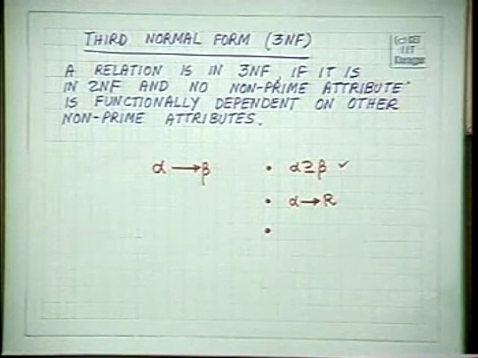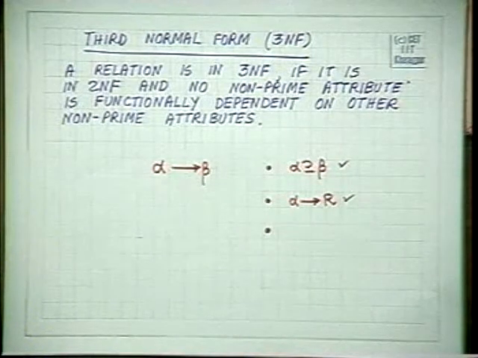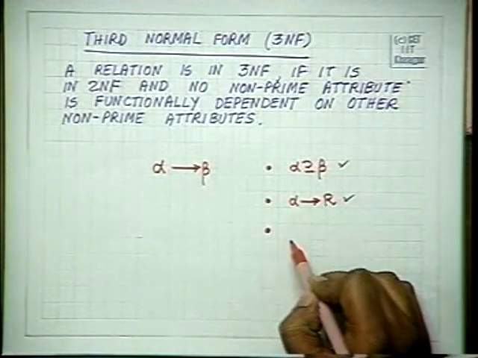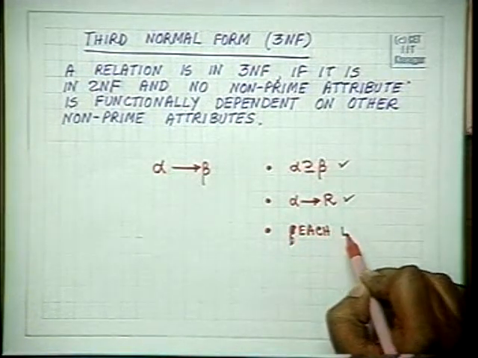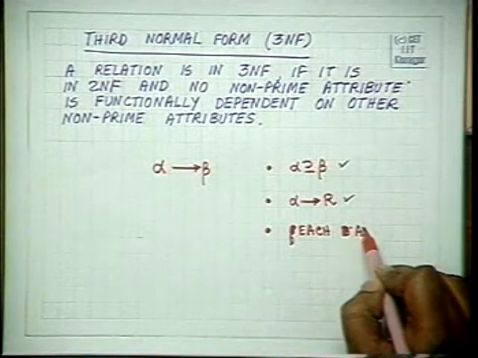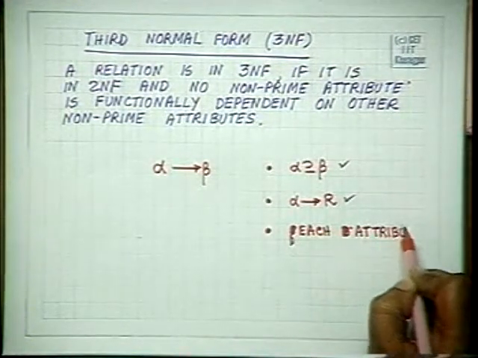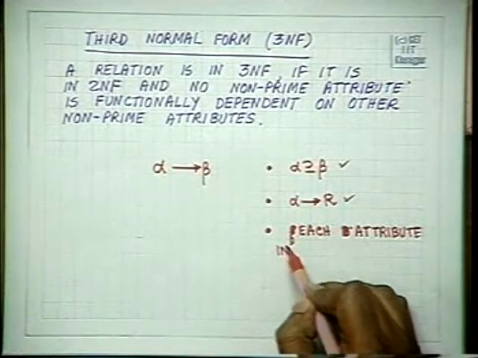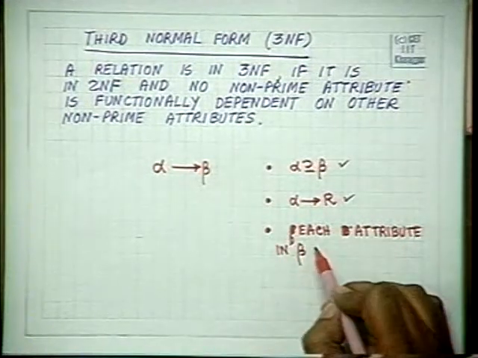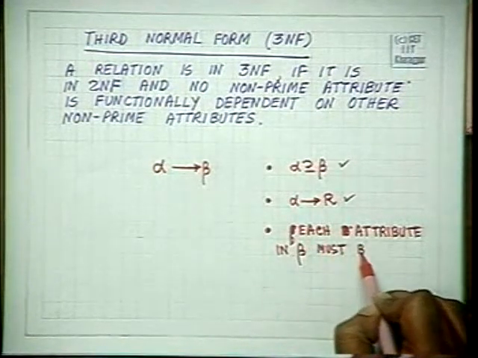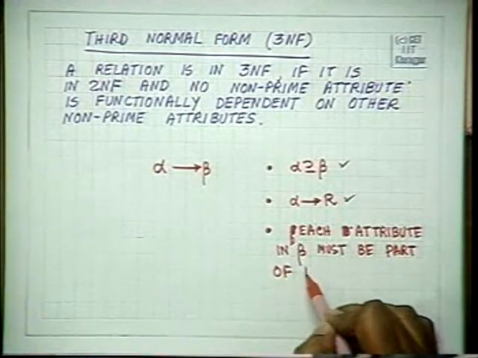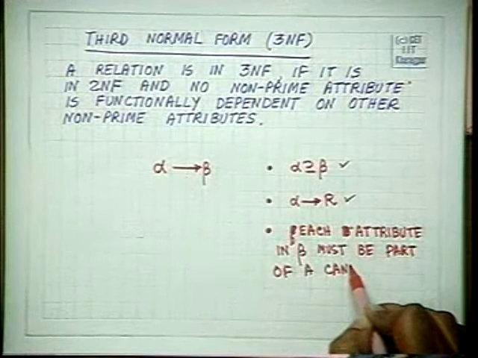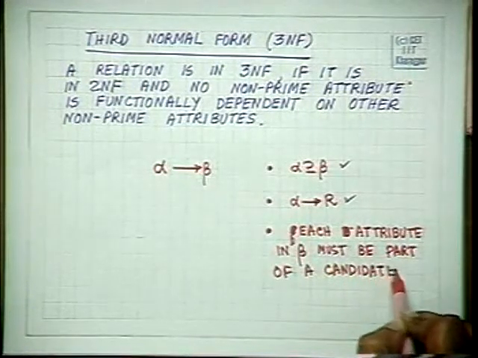So in 3NF either this should happen or this should happen, or each attribute in beta must be part of a candidate key.